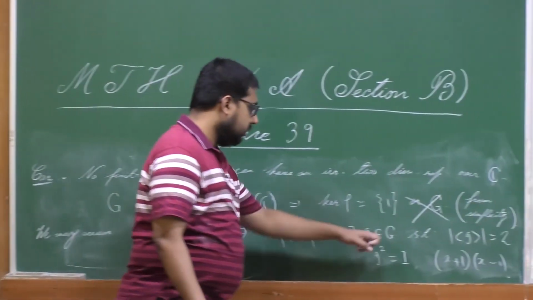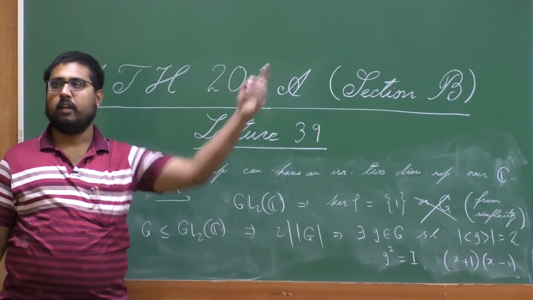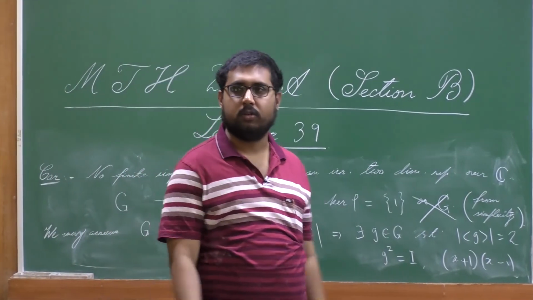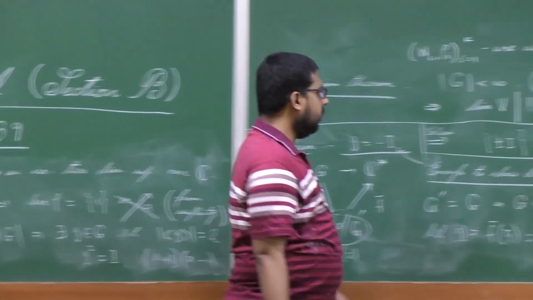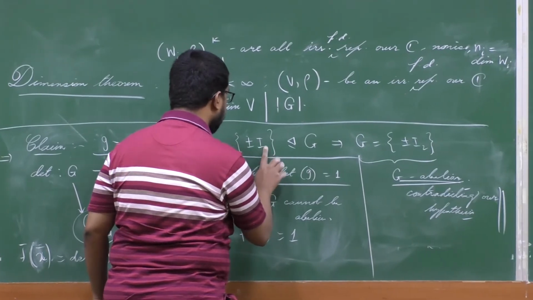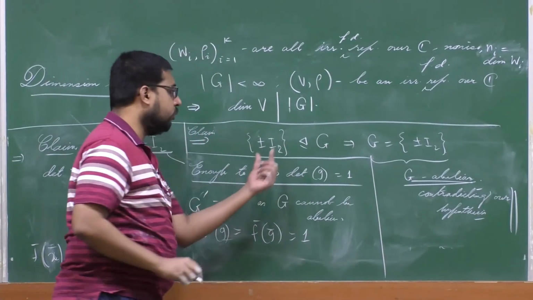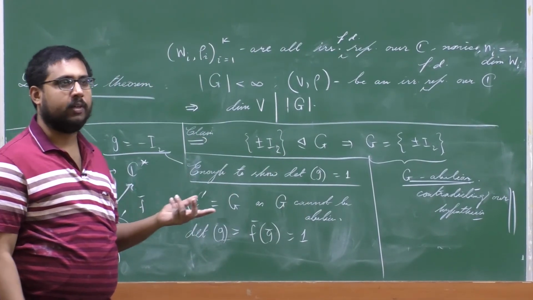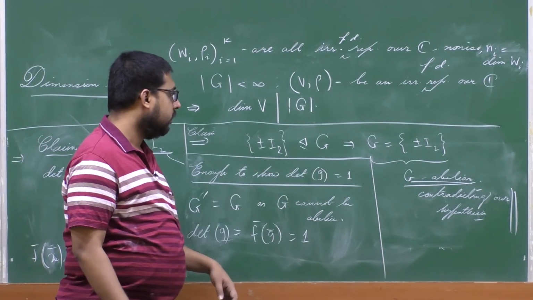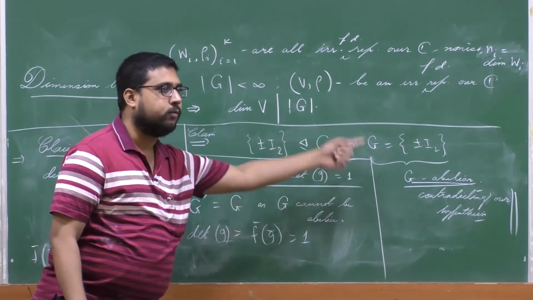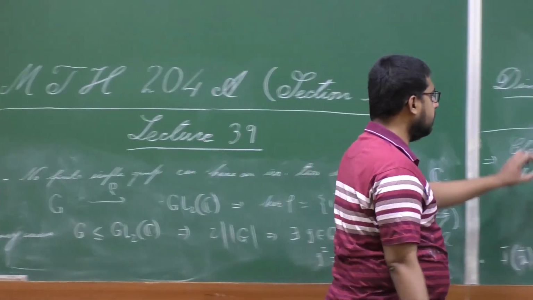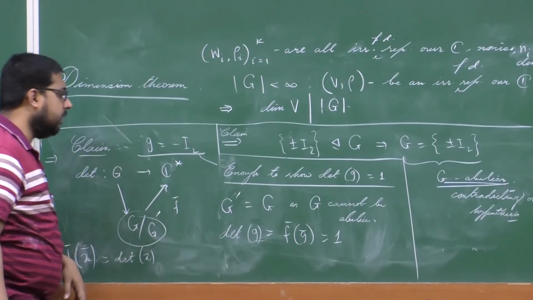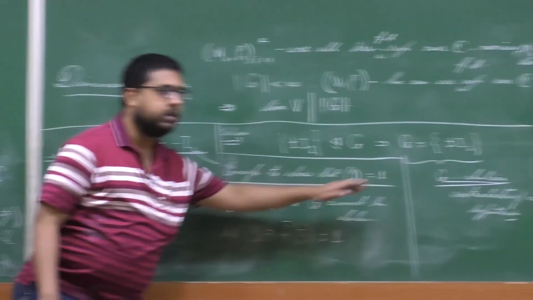The dimension theorem provides us with an element inside G having order 2. I want to show that element is minus identity, because if it is, then we have this subgroup of the center which becomes automatically normal inside G, but that forces G to be abelian, which is a contradiction. To show that this is minus identity, it is enough to show its determinant is 1.